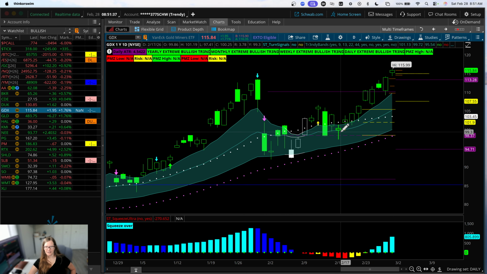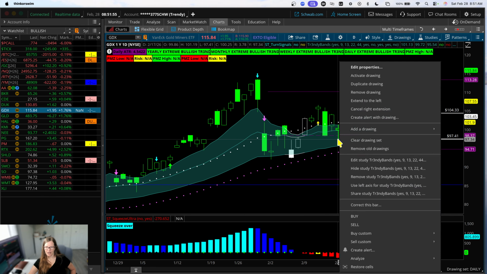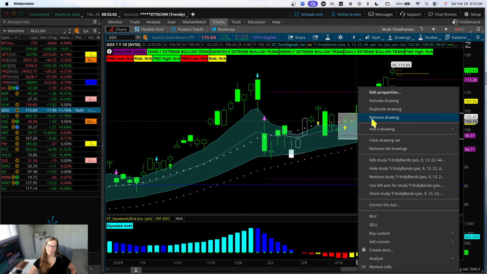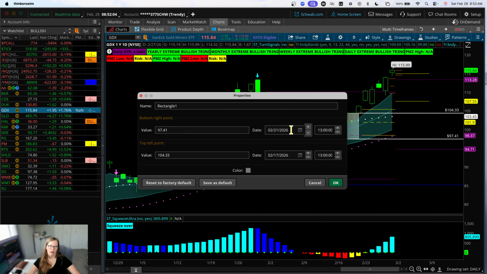So basically every day for 1, 2, 3, 4, 5, 6, 7, 8, 9, 10, 8 to 10 days, this thing has been going up. All right, here is the consolidation area, and here is the move out of that consolidation area. That would give me a buy zone of 104.33 to 97.41. The upper weekly edge is above here.